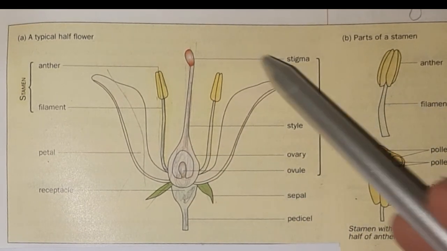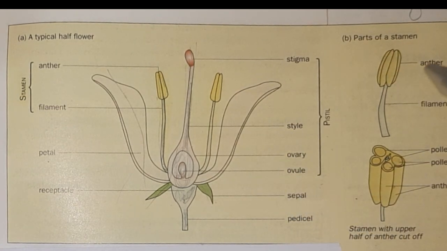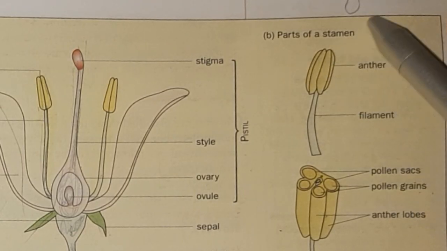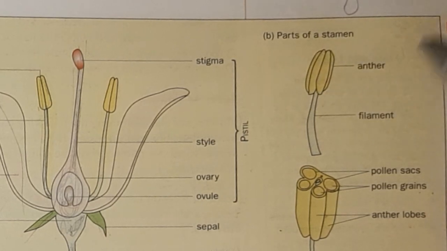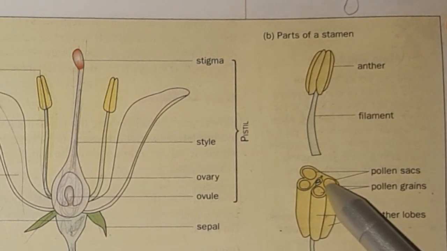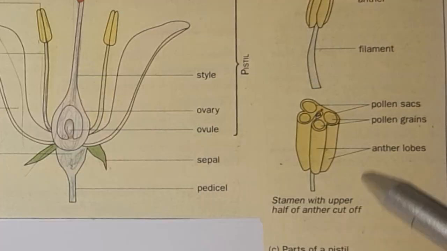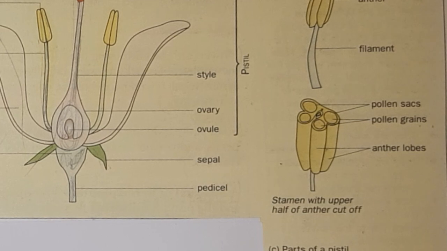Then this is the part of the flower shown, and over here this is the male part, that is, the stamen: filament and anther. It has these pollen sacs in it where pollen grains are produced. And then this is the female part, that is the pistil.